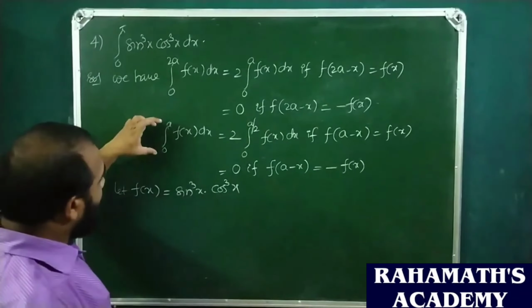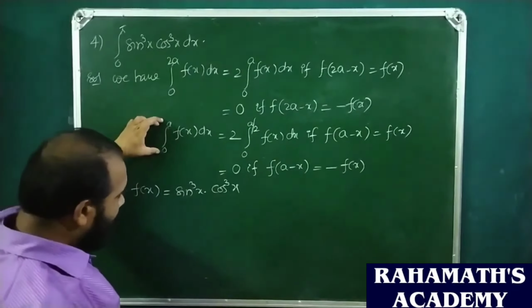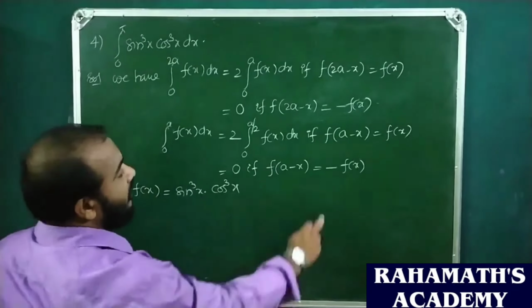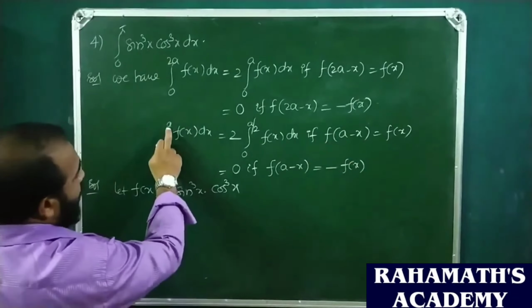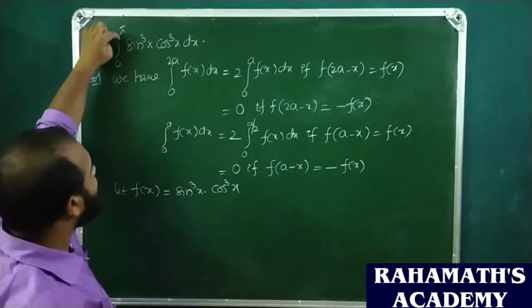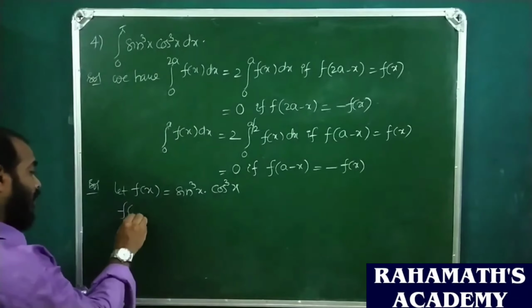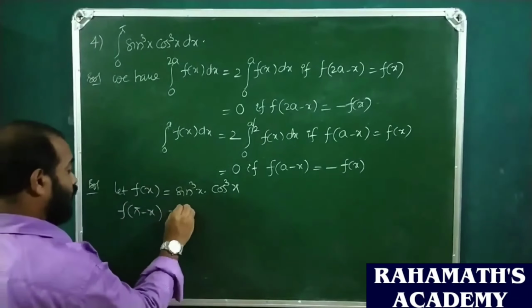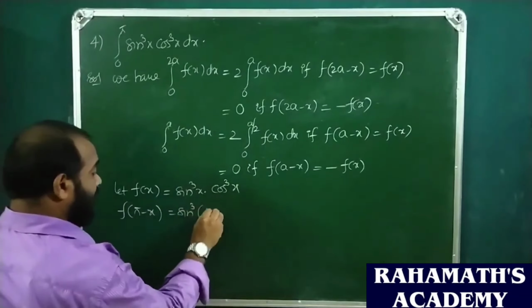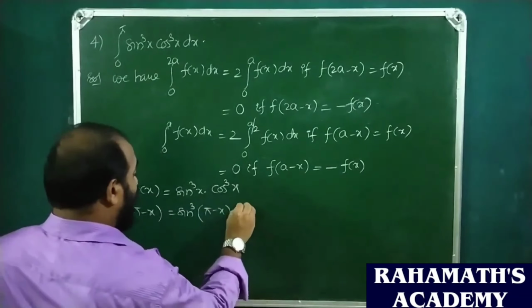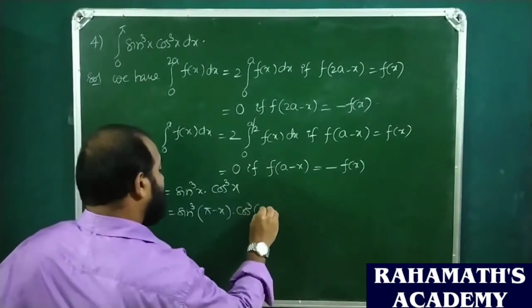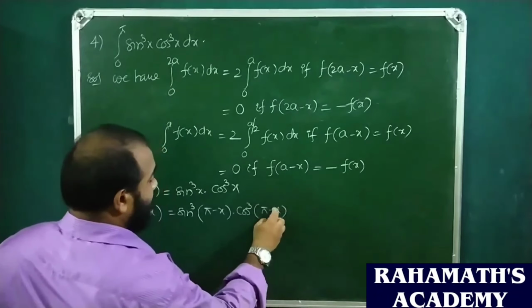To apply this property, what do we need to check? f of a minus x, upper limit minus x. Here the upper limit is pi, so let us check pi minus x. So sin cube x becomes sin cube of pi minus x, and cos cube x becomes cos cube of pi minus x.